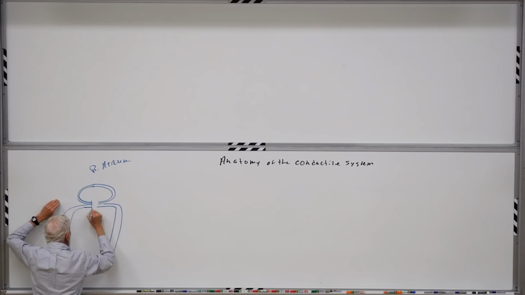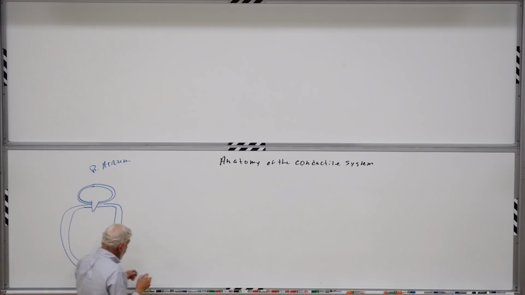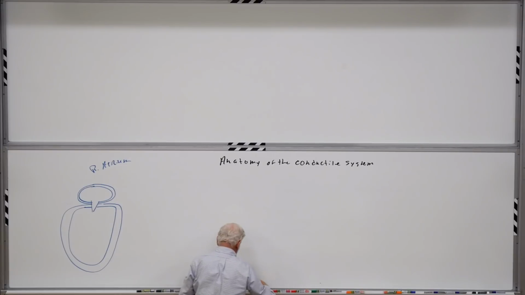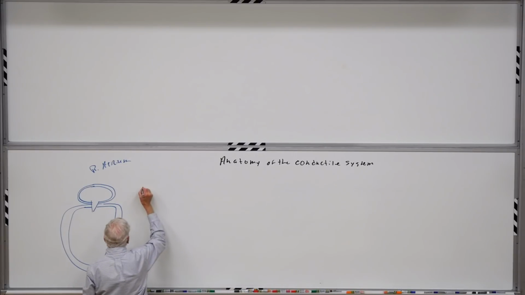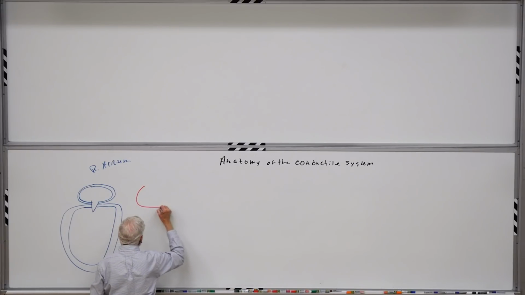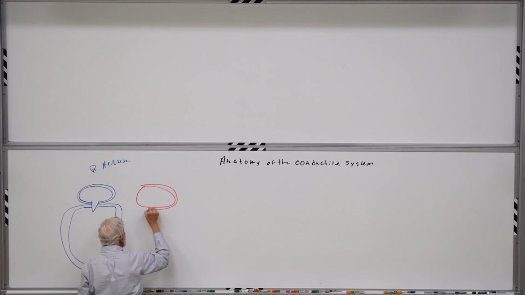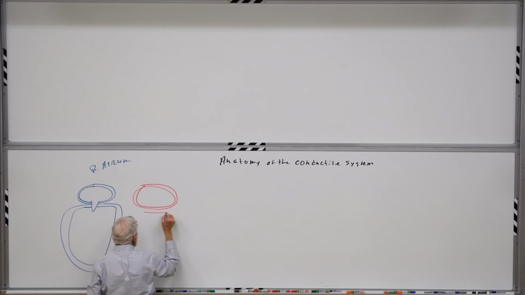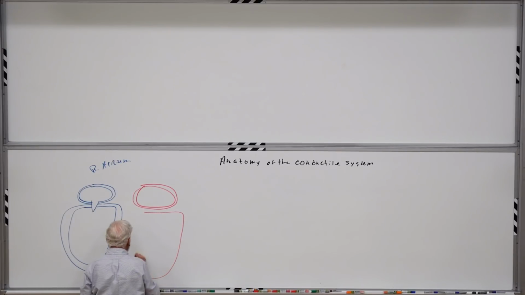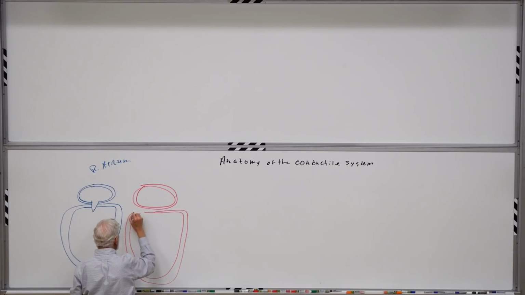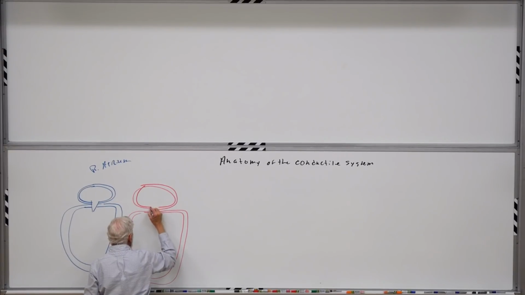There's, of course, the valve in between, that right atrioventricular valve. And then on the left side, there's the left atrium, the left ventricle, and then, of course, the left AV valve.